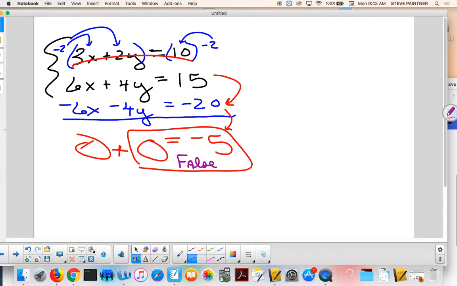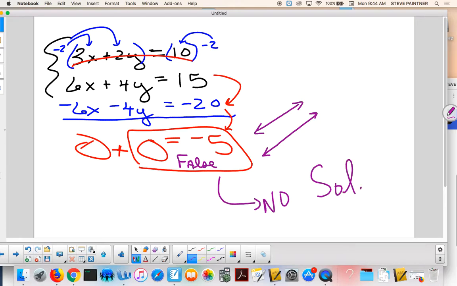False means what? Not true. Yep, it does mean not true. But when it comes to a system, it means you have two lines that what? They're parallel, but they don't touch. So what's the answer to this one? There is no answer to this problem, right? There you go. The answer was, there is no answer.